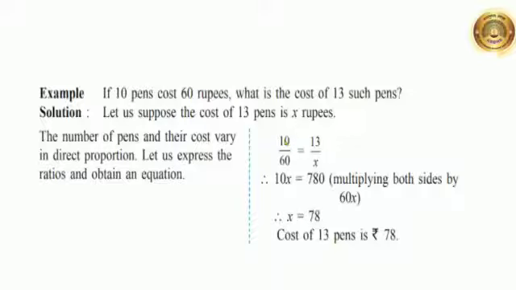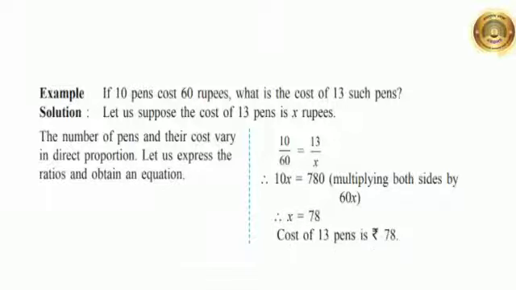So we can write 10 upon 60, that is 10 pens, and the cost is 60 rupees. So we can write 10 upon 60 is equal to 13 upon x. From this we can find the value of x, which is the cost of 13 pens. So you will get the answer as the cost of 13 pens is rupees 78.